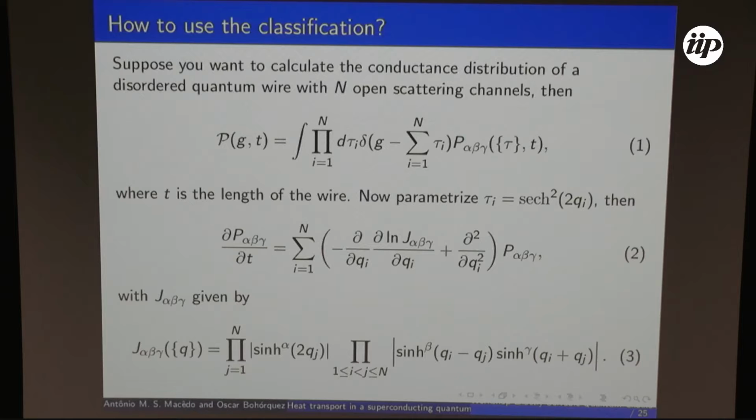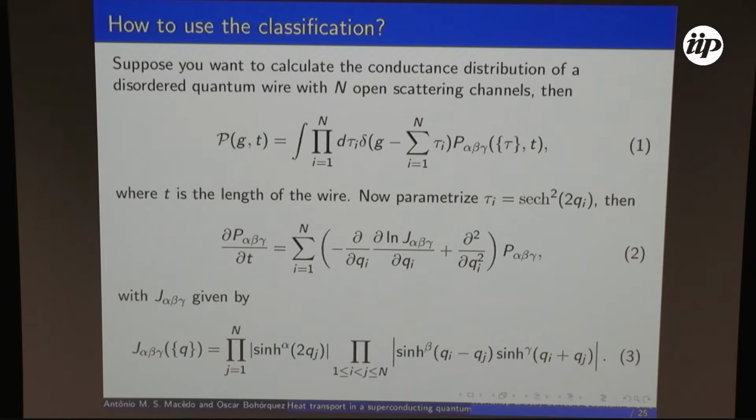So these are called the transmission eigenvalues. And what is known, and this is where the chaotic motion comes in, is that these transmission eigenvalues have a joint distribution that includes very, very high level of correlations. So the non-triviality of the problem comes from these high level correlations between the transmission eigenvalues.